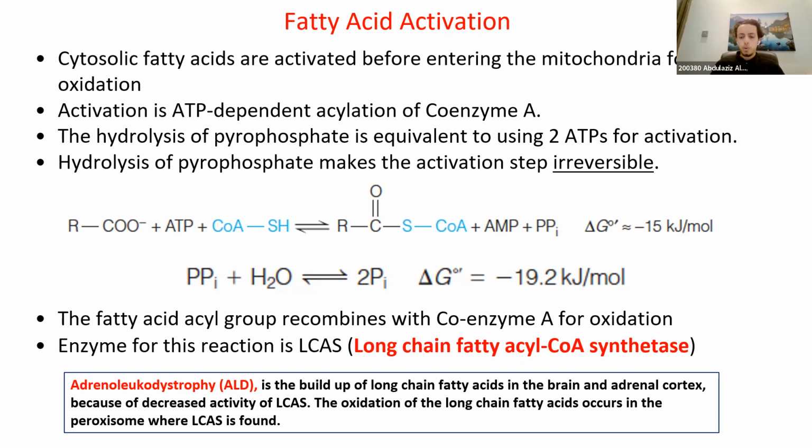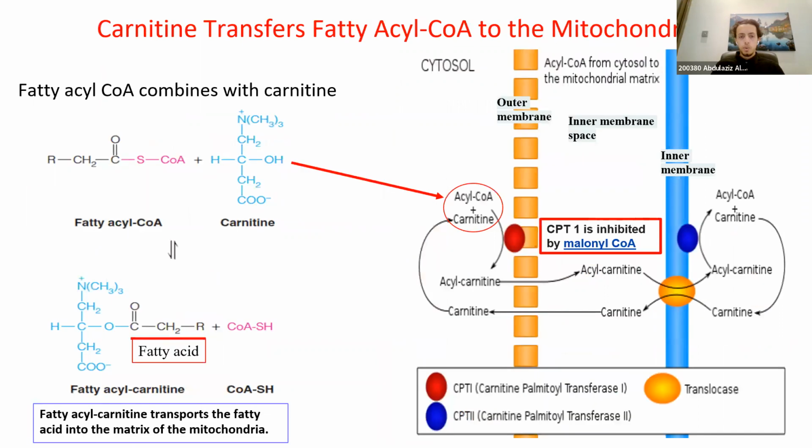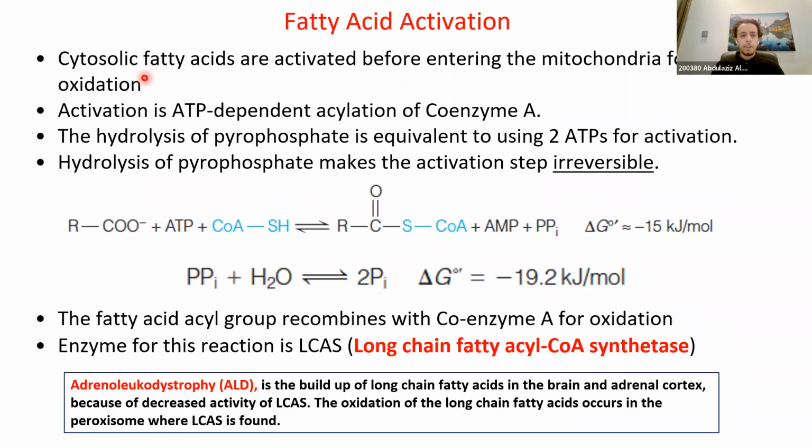So this is again showing you the first step, as we said here, the activation of the fatty acid, which is very important. The fatty acid is activated before going into the mitochondria. It requires ATP to be activated, and this ATP, after being used, will yield 2 PPi. I'll show you in depth here.